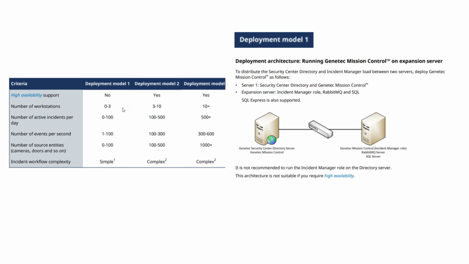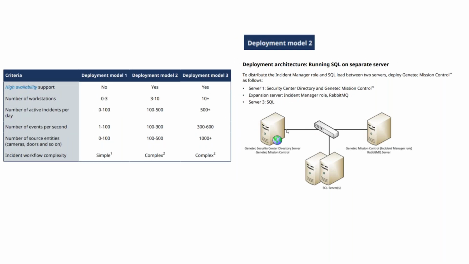Depending on the type of site, you might have to use dedicated machines, so maybe a Model 2, for example. You would have a dedicated machine for Mission Control and a dedicated machine for SQL, and that will allow you to go with more events and more incidents.